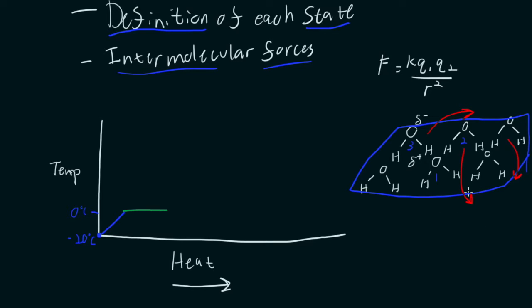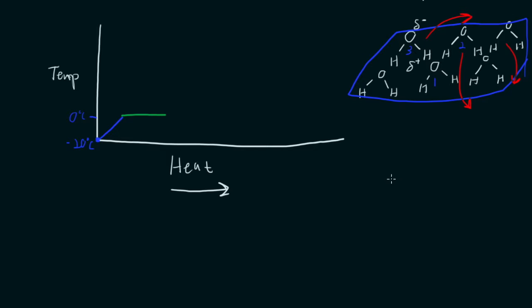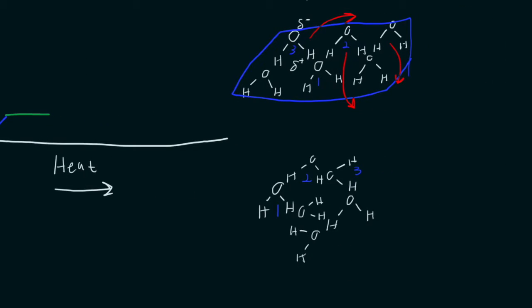And so once we start getting a liquid, let's draw a little liquid, suddenly we get a lot more random. And so maybe this is 1, maybe this is 2, and maybe this is 3. And then after a little bit, they're going to slide past each other. These are going to keep moving around each other.